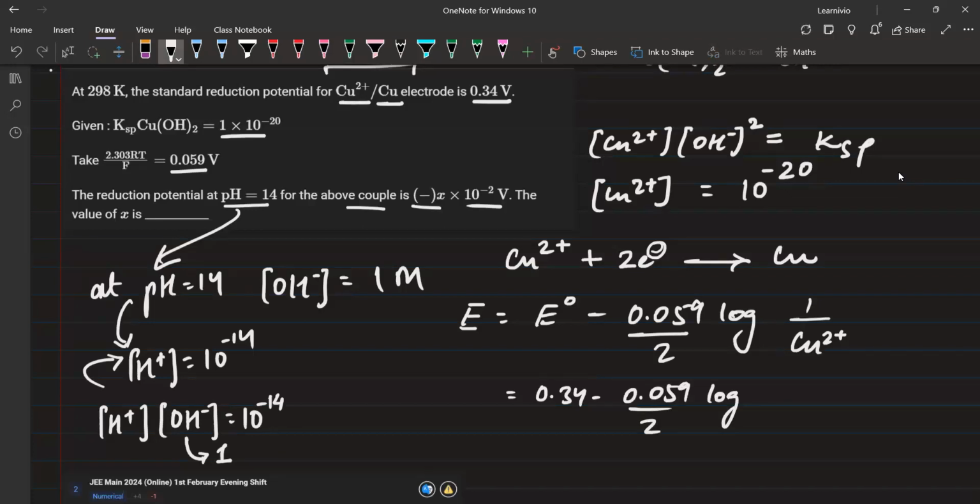10 to the power minus 20 will go above and become 10 to the power 20. Right? This will be 0.34 minus 0.059 divided by 2 into 20, I guess, right?